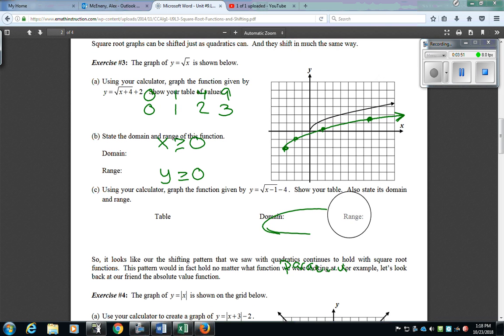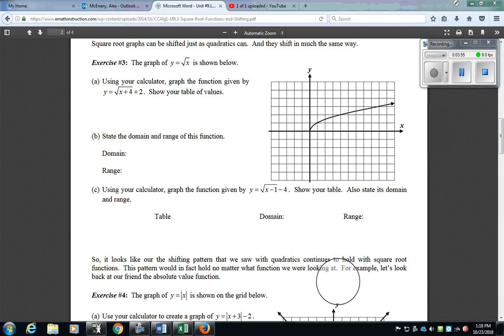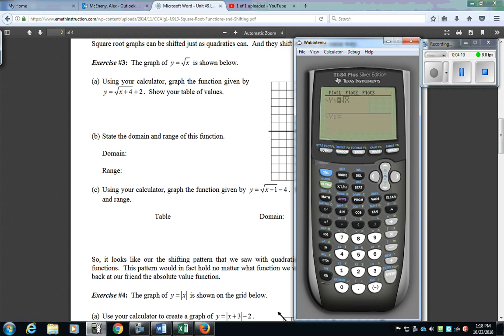Now, moving on to the back of this, we have talked a little bit about shifting. You'll see that they graphed already the function y equals the square root of x. That's the one that's included. Now for part A, they want us to do the square root of x plus 4 plus 2. So I'm going to type that in.